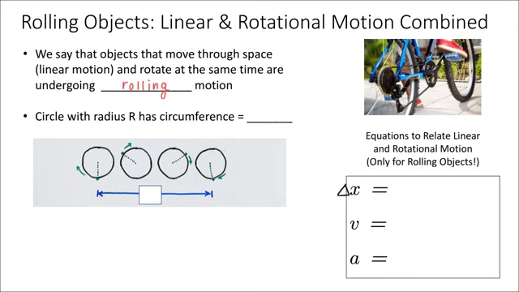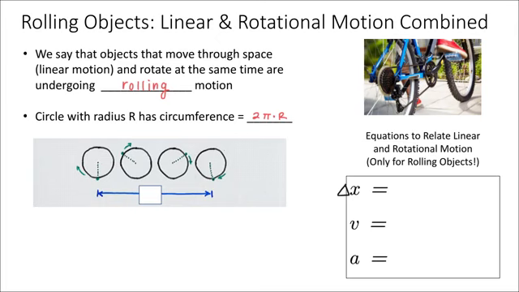If we consider a circle with radius capital R, we know that the circumference of that circle would be equal to 2 pi times r, right? That's something that we're aware of. Now, I want you to think about rolling a circle along the ground, or a bike wheel riding along the ground.